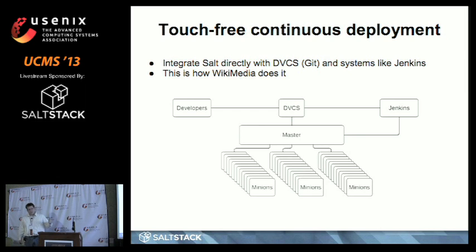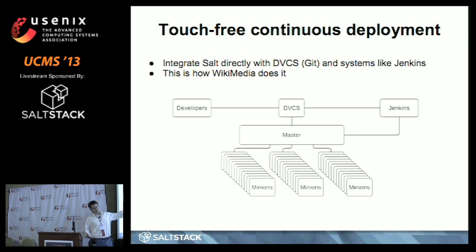And then, another thing that I don't have on this slide that Wikimedia uses is the return interface. So it's very easy to say that we're going to execute something out in our cloud or our infrastructure, whatever it is. And once we're done with that execution, we don't care about the information coming back to this master server.